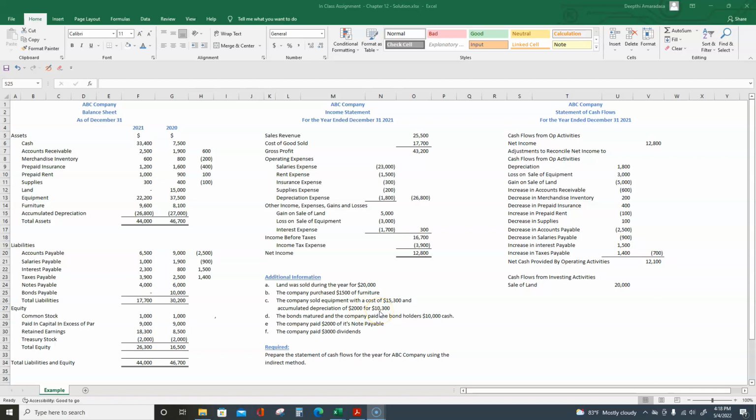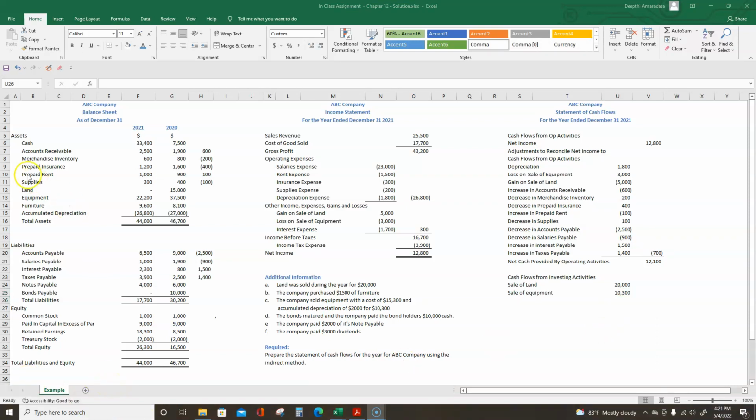That is the amount of cash that the company received for selling this equipment, and that is what belongs in the statement of cash flows in the investing activities section. We're going to say sale of equipment, and it's money coming in, so we're going to say $10,300 and put that as a positive number.